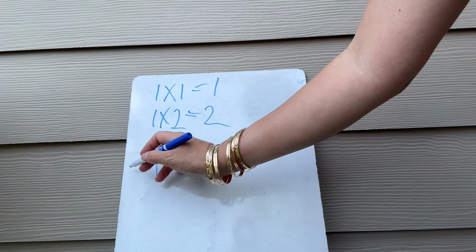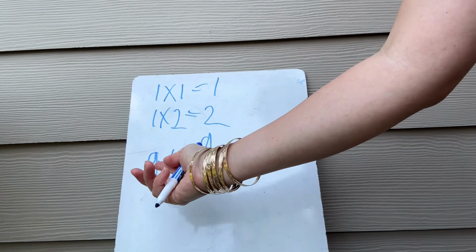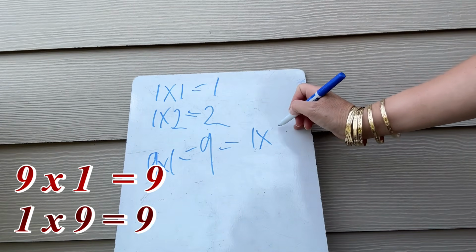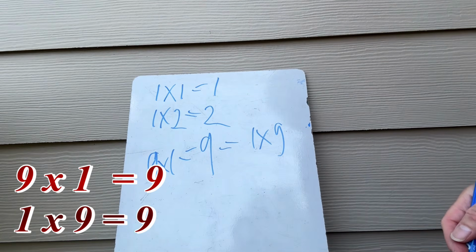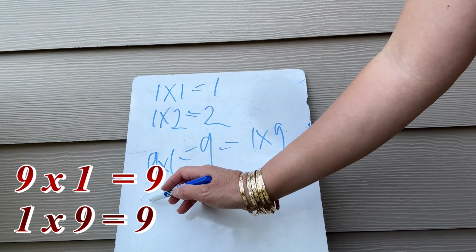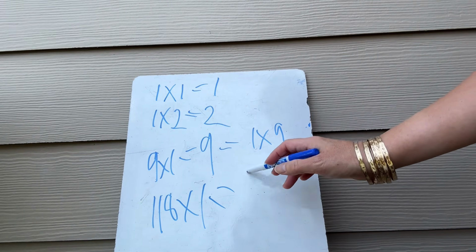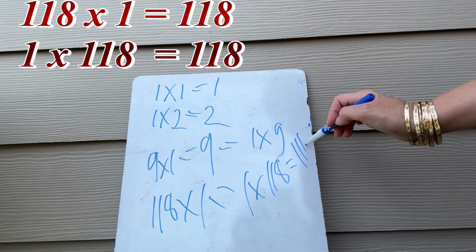So 9 times 1 is also 9, because 9 times 1 is the same as 1 times 9, okay? Switching the order doesn't matter, okay? And again, even if you have 118 times 1, that is still the same as 1 times 118, which is 118, okay?